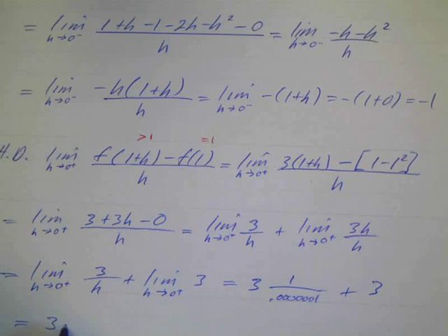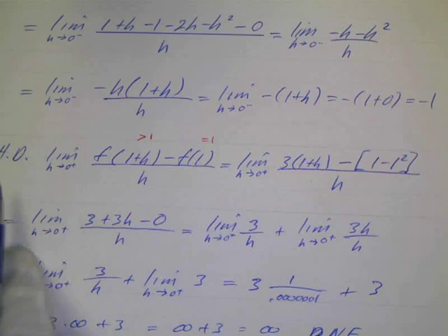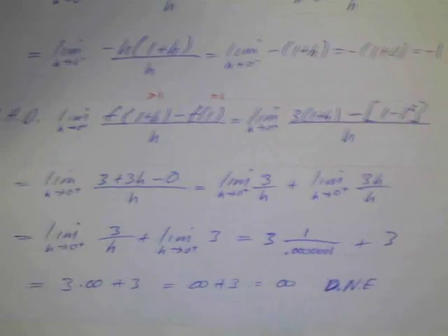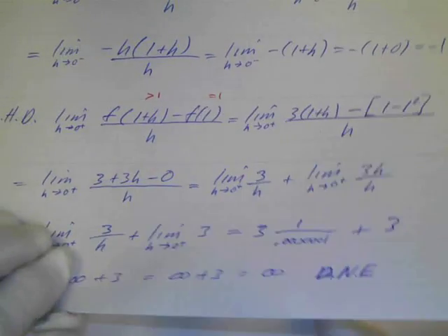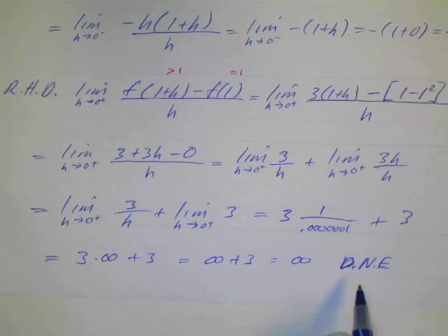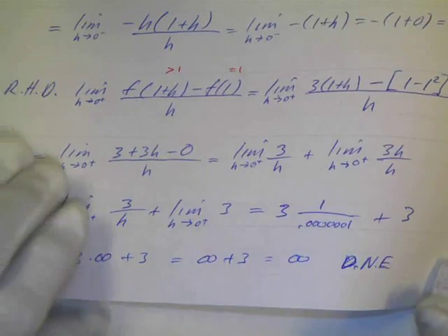So we've got 3 times infinity plus 3, which is really infinity plus 3, which is infinity, and that means the limit does not exist. So our right-hand derivative does not exist. Our left-hand derivative does exist, but since they're not the same, and if the right-hand derivative doesn't exist, then you're pretty much done anyway. If I would have done this first, I would have known I don't have a derivative there.